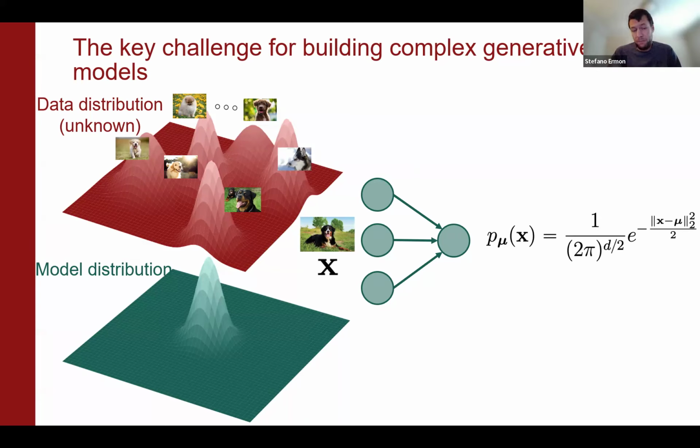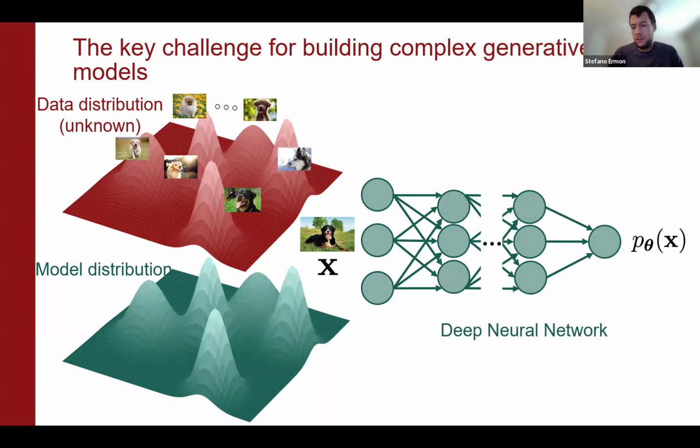And a Gaussian is a simple type of generative model where the computation that you do to go from the input to the probability is very simple. It's just the usual expression for a Gaussian PDF that you see on the right. And this is a useful model for a lot of applications, but it just doesn't cut it if you're trying to model a distribution over images or molecules. It's too simple. It has a single mode. It doesn't capture the complexities of the data distribution.